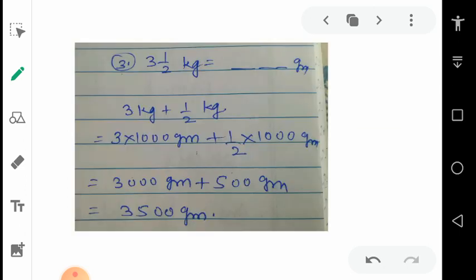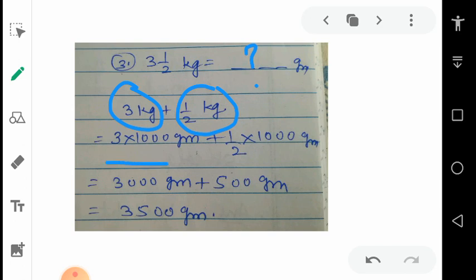Next, here is something different because we have a mixed fraction. No problem. We will break this mixed fraction into a whole number and a fraction. So 3.5 kg equals how many gram? It can be broken into two parts as 3 kg and half kg. So convert kilogram into gram. We will multiply by 1000. It is 3 into 1000 gram and half into 1000 also, because both these weights are to be multiplied by 1000.